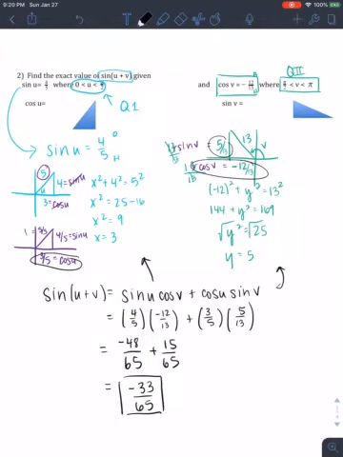So we know that the sine of u plus v, when I add these two angles together, we're probably going to be in the third quadrant, and our sine length is going to be negative 33 over 65. And that's the answer.